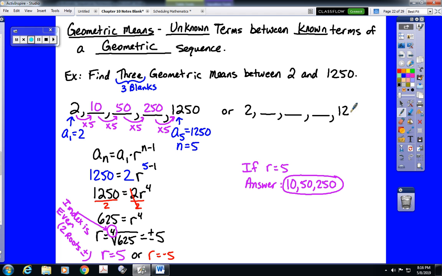However, it is not the only answer. So to be correct, we need to provide the others as well. So if r is equal to negative 5, then we would multiply by negative 5, which would give us negative 10, and then positive 50, and then negative 250. Oops, going times 5 there, not times negative 250.